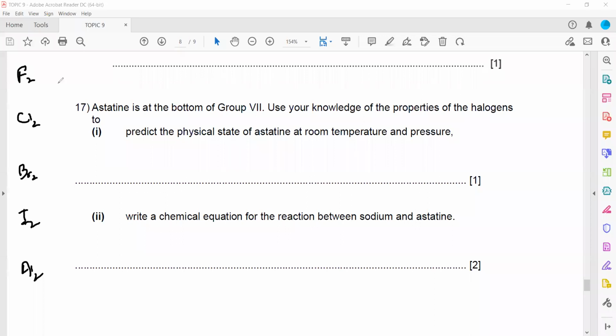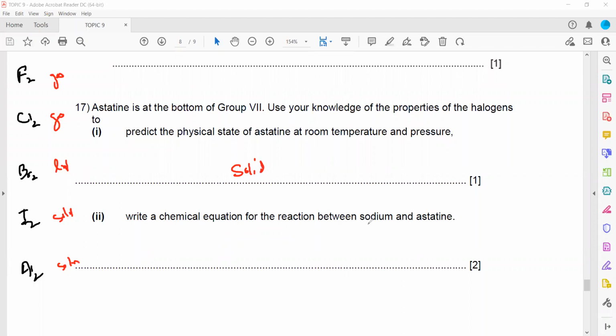Fluorine is a gas, bromine is a liquid, iodine is a solid, and astatine is also solid. So what is the physical state? It will be solid.